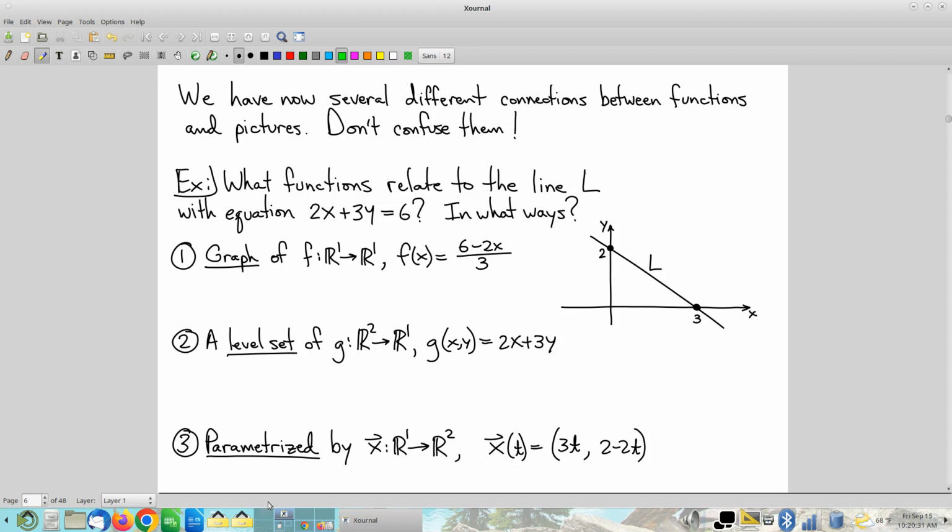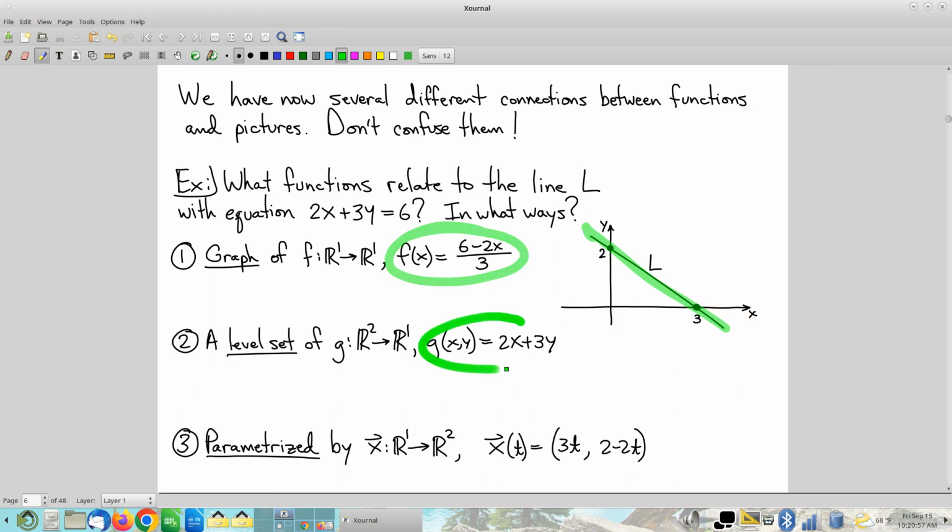Not so any longer. So, for example, we talked about this one last time, so I'm not going to go through the details again, but this curve, this picture, actually relates to several functions. And if you want to understand the geometry of this curve using calculus, you have to ask yourself, which picture am I taking the calculus of? Am I looking at the graph?